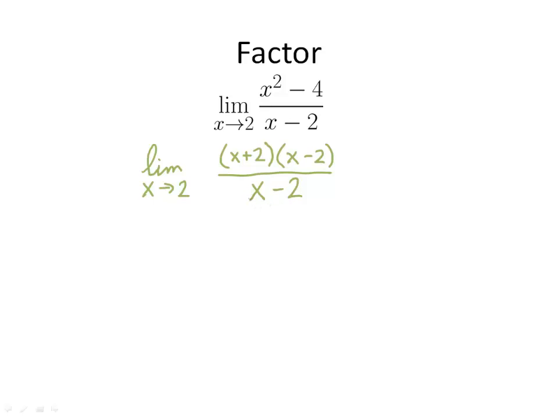Now we can cancel x minus 2 out. We don't care about the value of x at 2. We care what it is around it, right? So if we plugged in 3, any value other than 2, x minus 2 would cancel out. So now we're left with the limit as x approaches 2 of x plus 2.